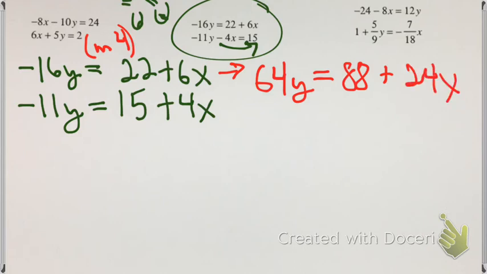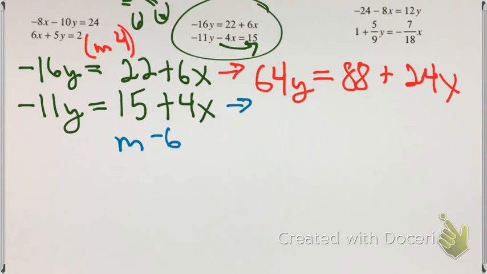And then the bottom equation, I've got to multiply by something that gives me minus 24x. So that means the bottom equation I'm going to multiply by negative 6.